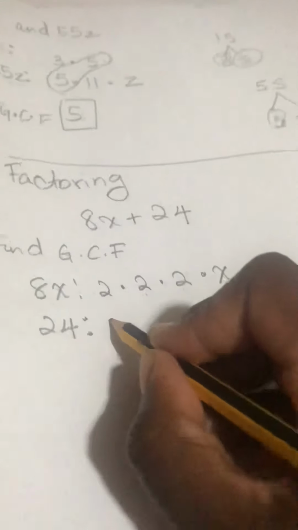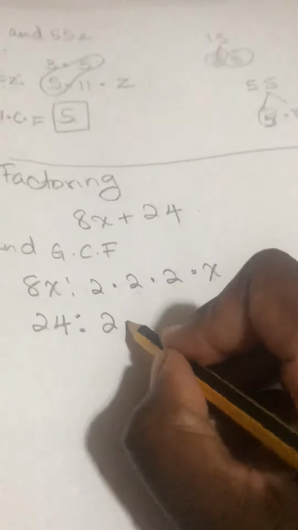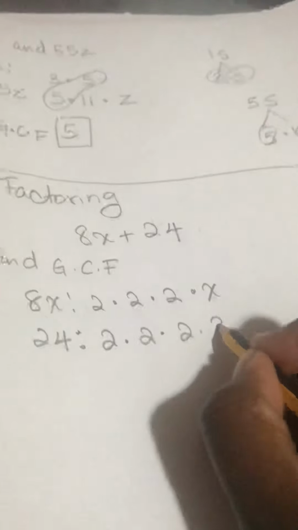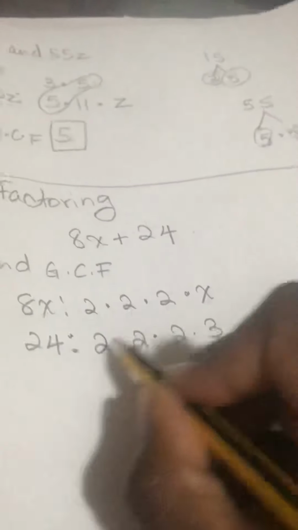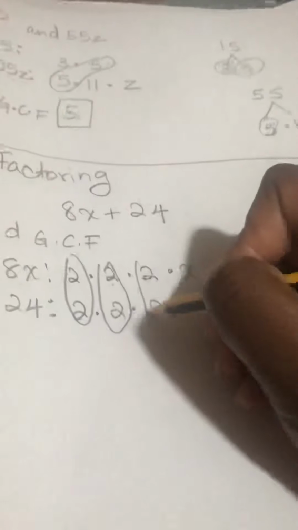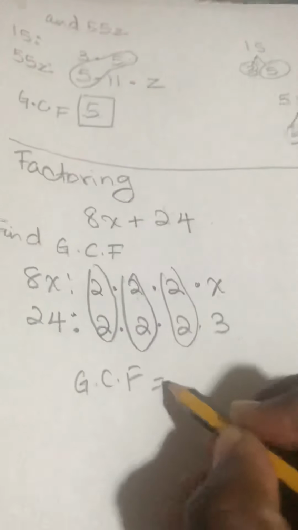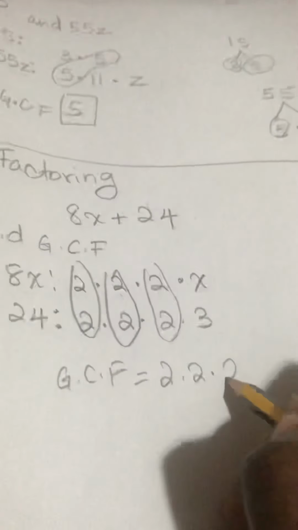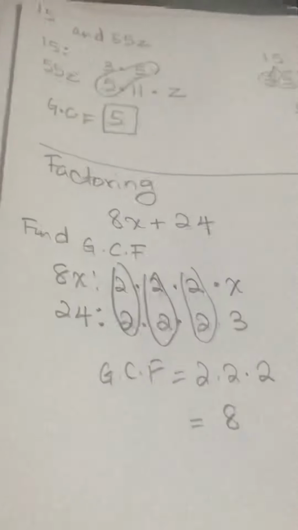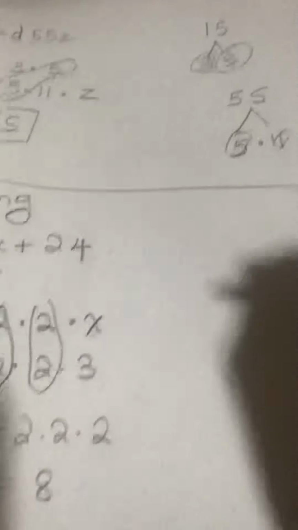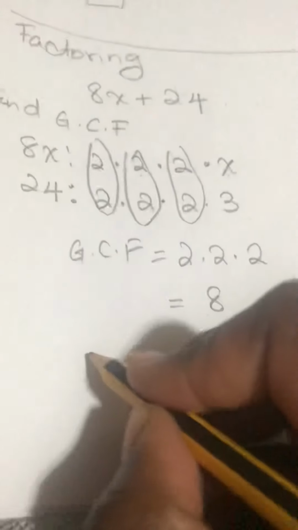Factors of 24. 2 times 12. 2 times 6. 2 times 3. 4 times 6 is 24. Then I find 2, 2, 2. So my greatest common factor is 2 times 2 times 2, which is 8. Okay? Now that I found 8, I am going to write this 8 outside the bracket.